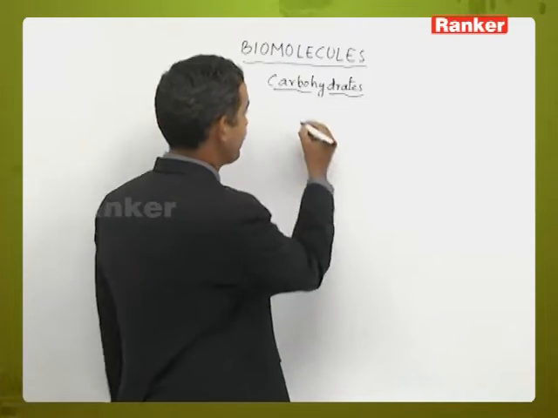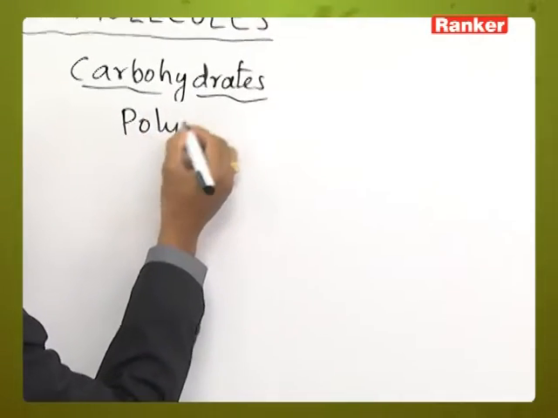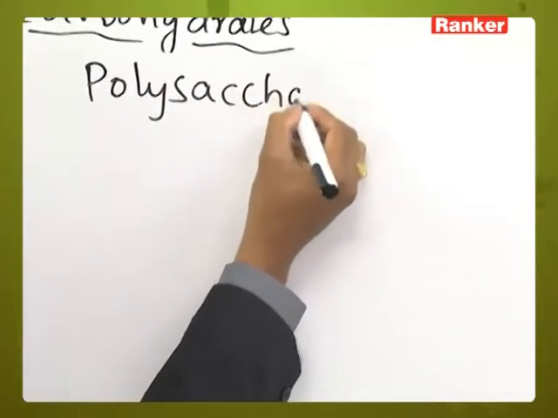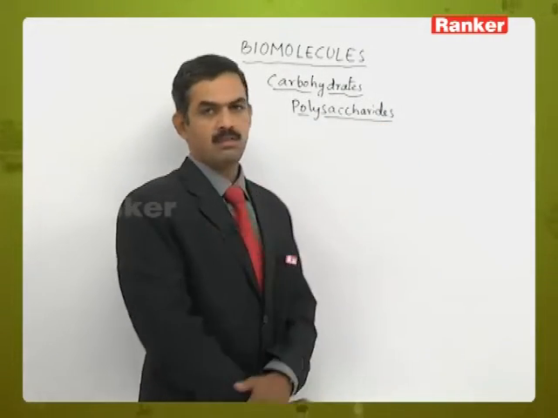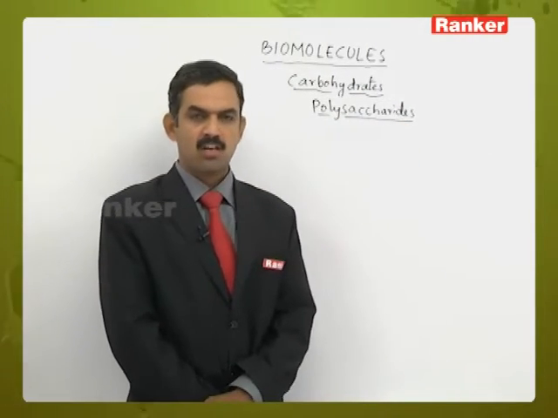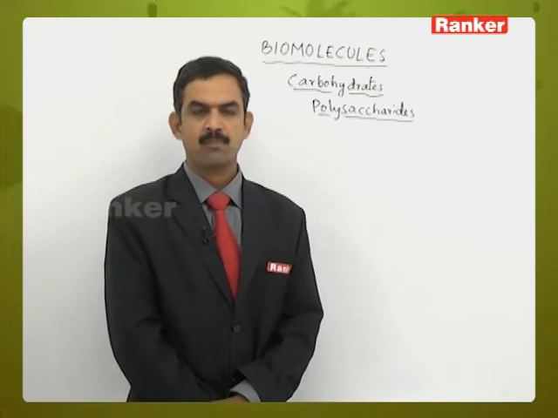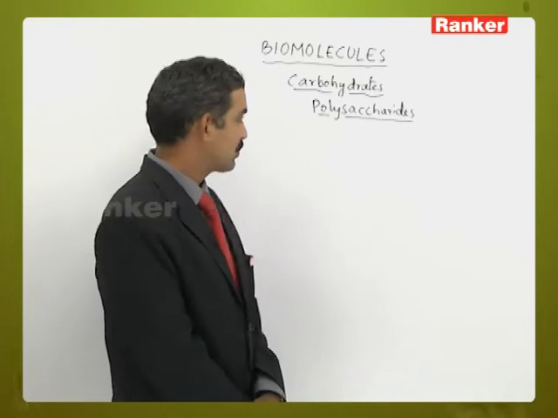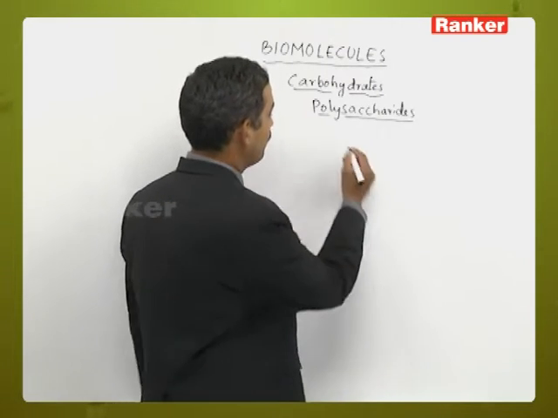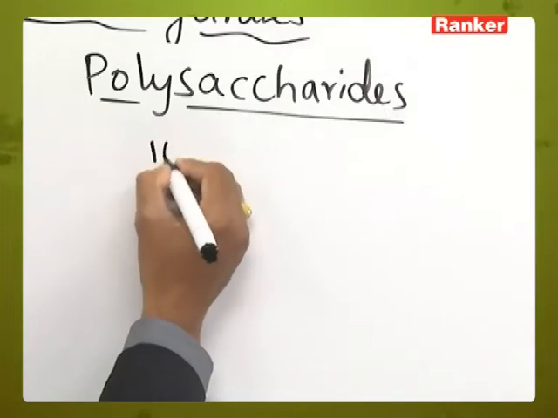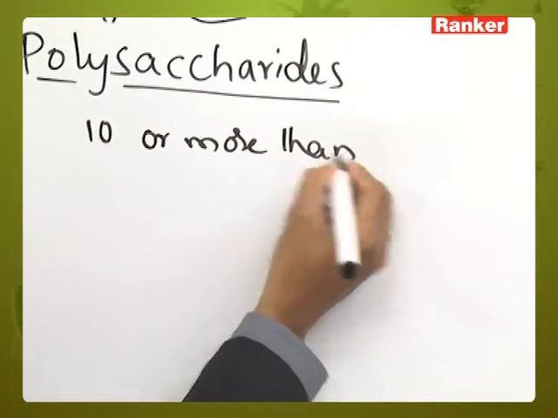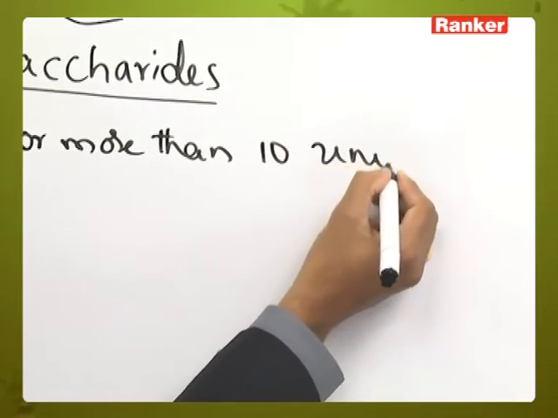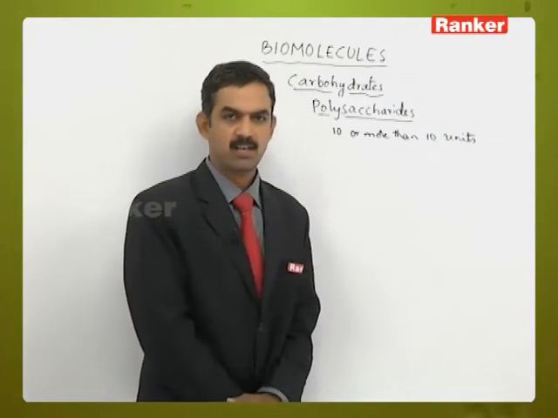In the carbohydrates, the next group is the polysaccharides. Polysaccharides are larger molecules, a chain of branched or unbranched structure. These have at least 10 or more than 10 units of monosaccharide molecules.